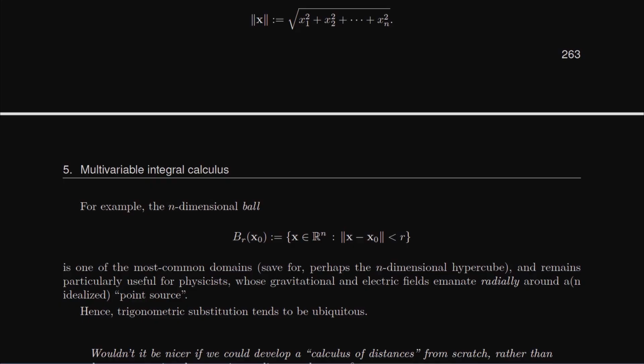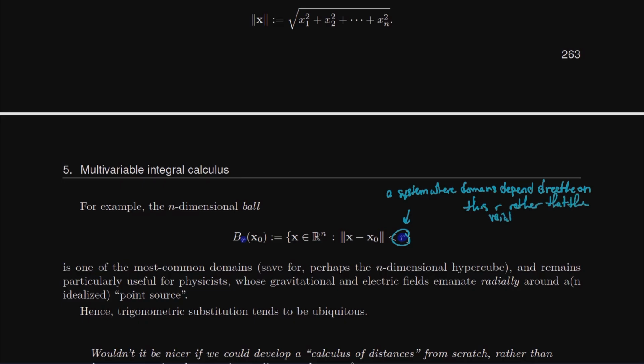Instead, it would be useful if we could develop a system in which, notice how I use the r there, r for the radius, wouldn't it be great if we developed a system where domains depend directly on this r rather than the variables x1, x2, etc.? That variable r plays a very specific role in all these domains.